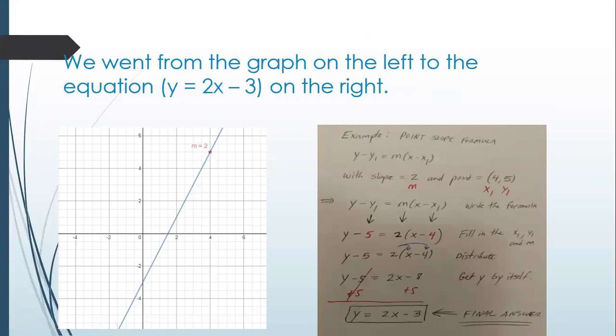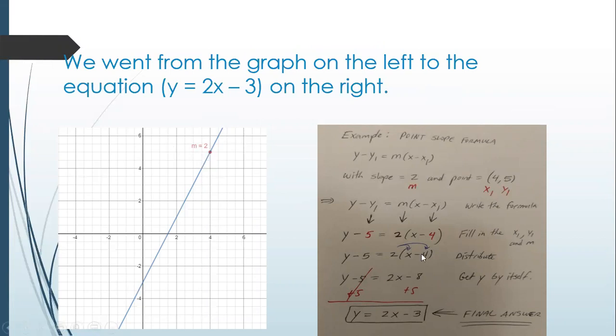One of the things we did was go from a graph on the left to the equation on the right. We have a slope of 2 and a point (4, 5), and we use the point-slope formula.